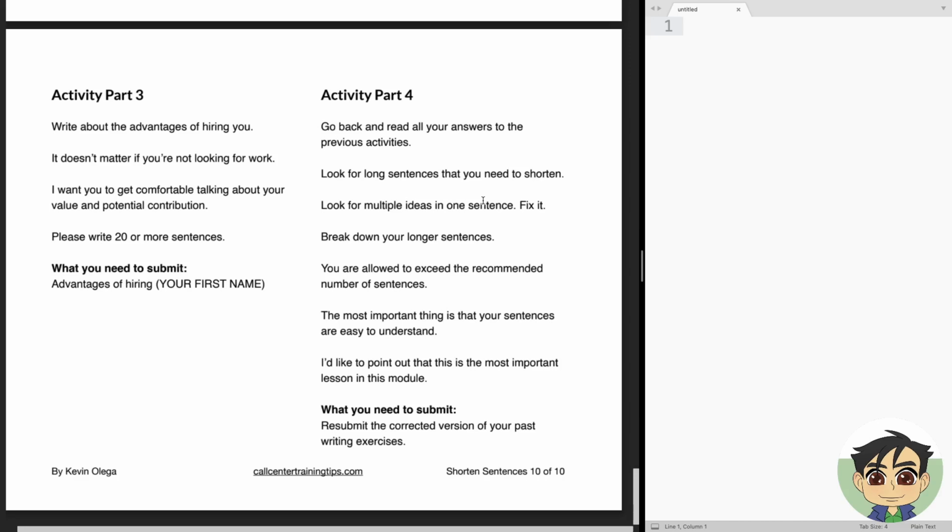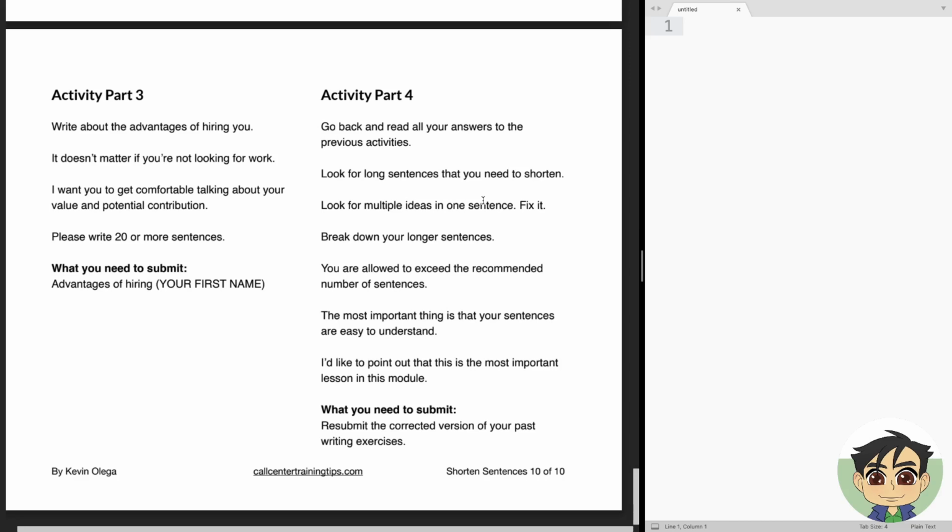So if you have a habit of using long sentences, it took you years to build that habit. It's going to take you some time to develop a new, more effective habit. So go back and fix that.